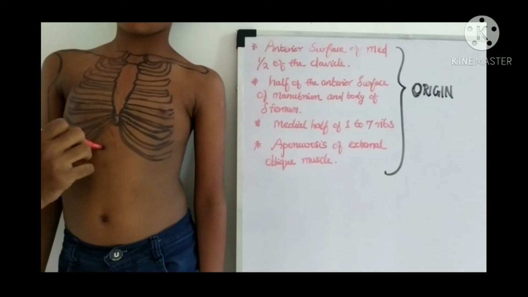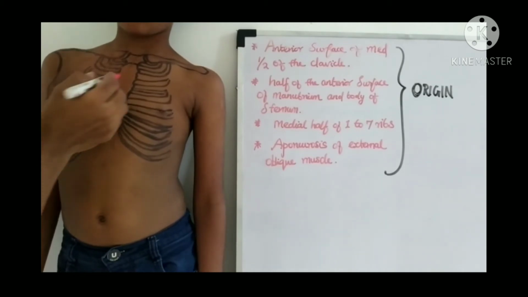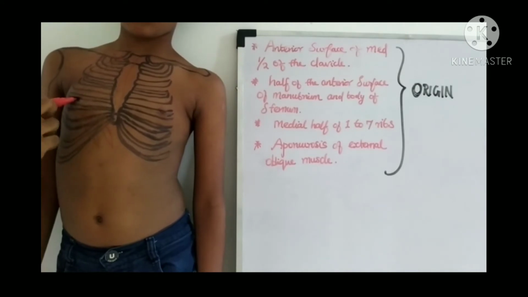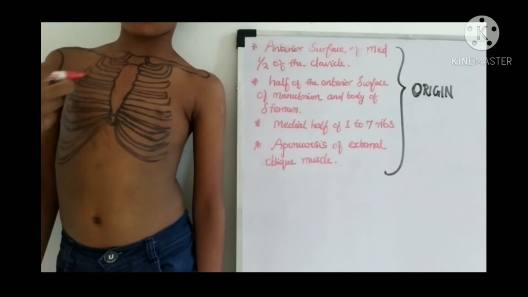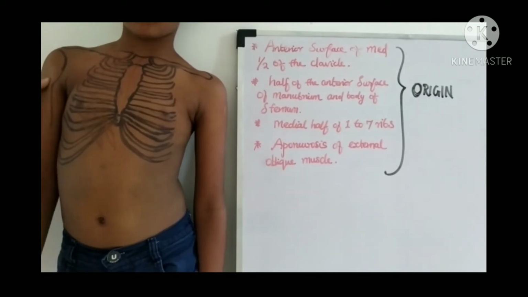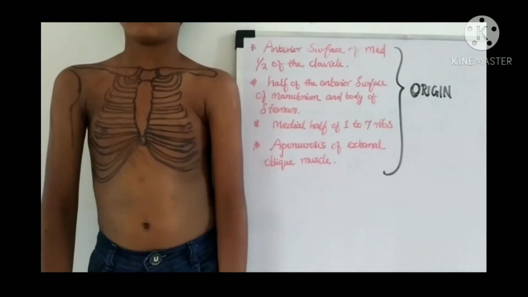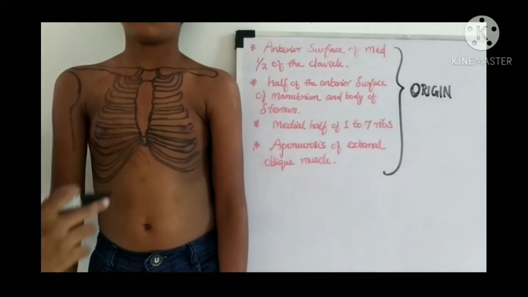The aponeurotic fibers also join with the manubrial, sternal and costal fibers. All these fibers together go and insert into the lateral lip of the intertubercular sulcus of the humerus, as I showed you in the beginning. For your understanding, I am drawing the muscle. Let's look.